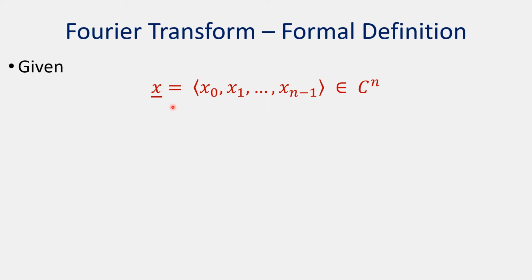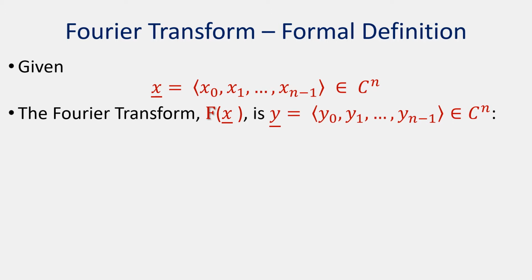So the indices of this complex vector go from 0 up to n minus 1 if it's an n vector. The Fourier transform of that vector is another n vector. This time we're going to use, instead of x, we're going to use y to denote that vector. So we take a vector of complex numbers and we're going to return a vector of complex numbers.